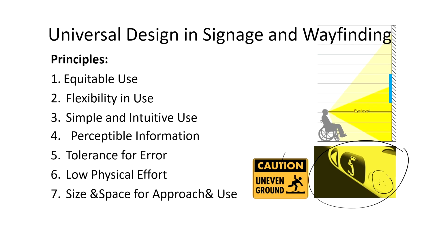For example, installing motion activated or touch interaction signage systems reduces the physical effort required to interact with the signage, particularly for individuals with mobility impairment. So rather than seeing the signage from the corner, coming back and then deciding, they can easily identify from the interactive maps at the initial point itself where they can go.